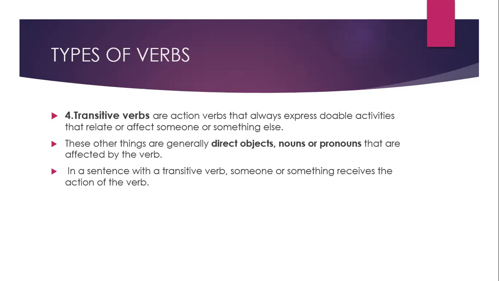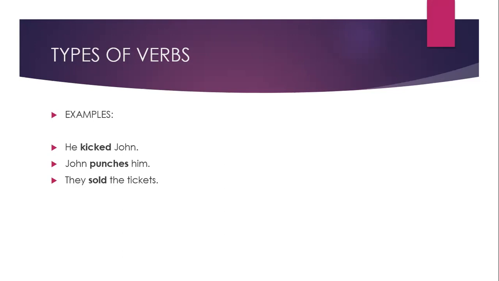Okay. So in a sentence, when you have a transitive verb, you expect it to be used in environments in which you find a direct object, a noun or pronoun. They are affected by the verb that is given, or receive the action of the verb.